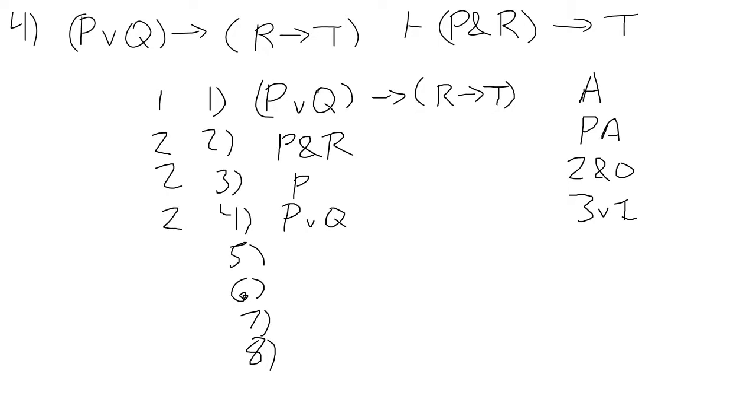So now that I've got this, I can toss it into my conditional statement in line 1 and I can get R arrow T. So that's going to be from 1 and 4, arrow out.